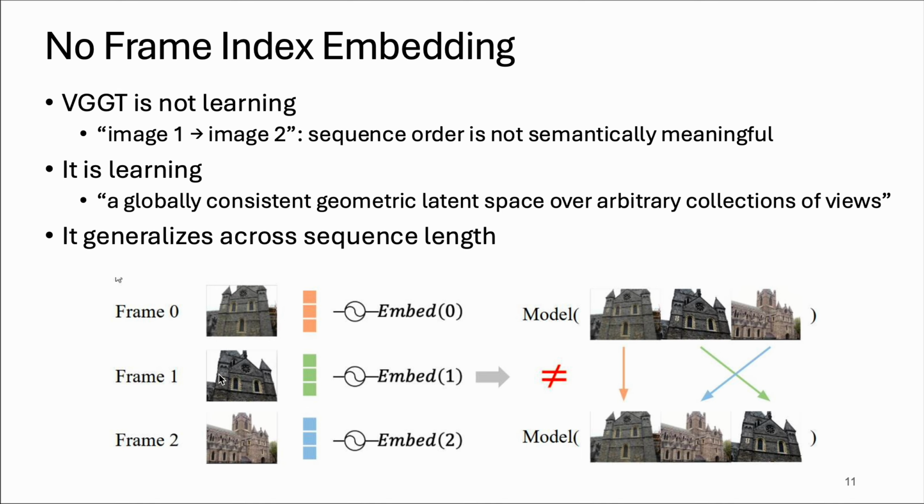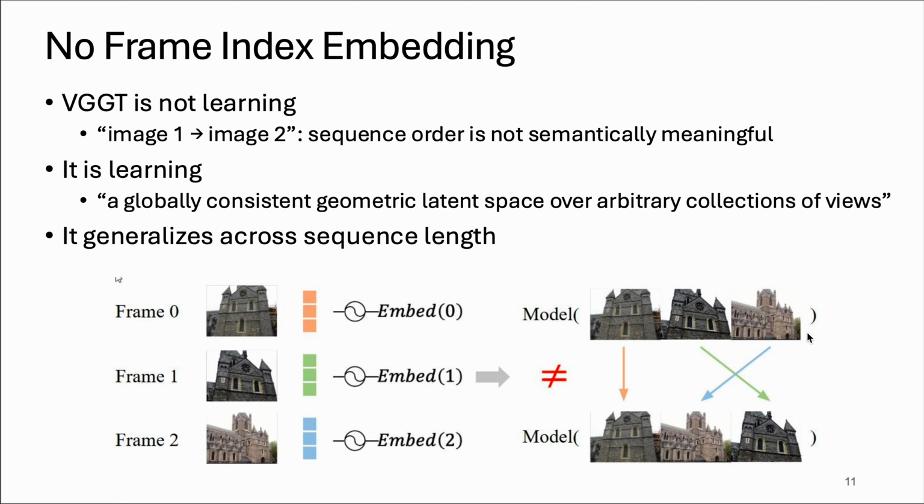Also, because this algorithm is very flexible about the input, any number of images can be fed into this network. So by eliminating the frame index embedding, this also allows flexibility in the number of input images.